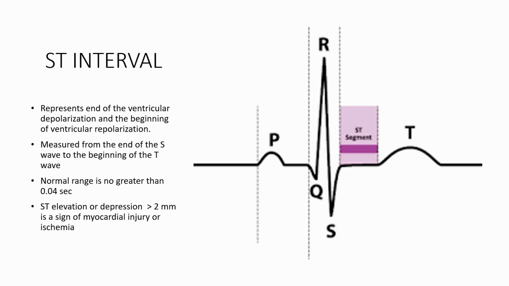Okay, so when you're looking at this right here, the reason we look at the ST interval is because if it's abnormal, meaning it's elevated, really up here, or if it's depressed, meaning down below here, by greater than 2 millimeters, well, that tells us that that person has some type of myocardial ischemia and or injury.